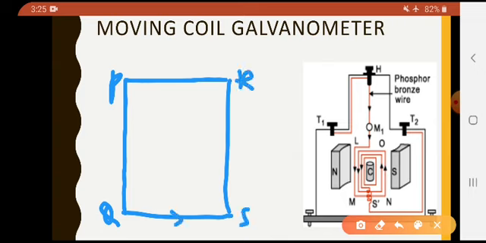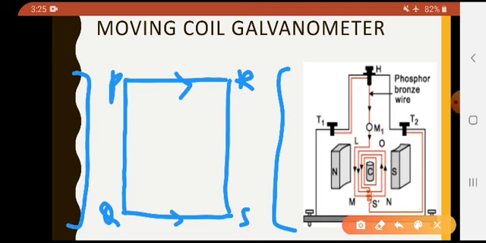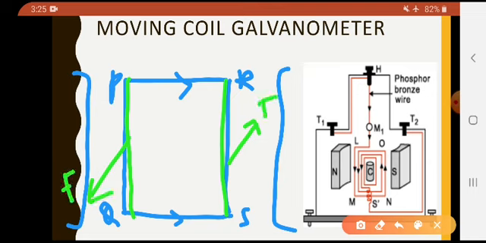On these two sides no force, only these two sides experience force. The forces are in opposite directions. This is the perpendicular distance between these two forces. These two forces are parallel to each other and opposite in direction, so they produce torque.